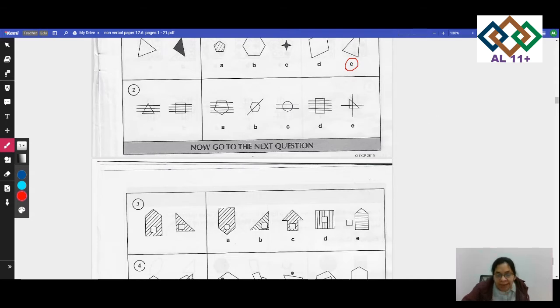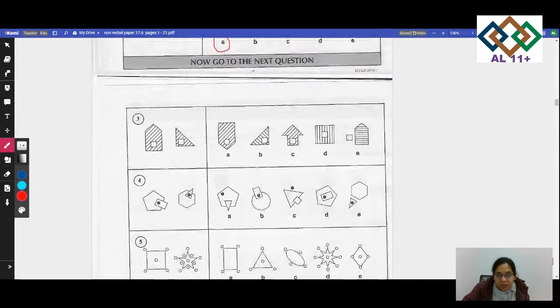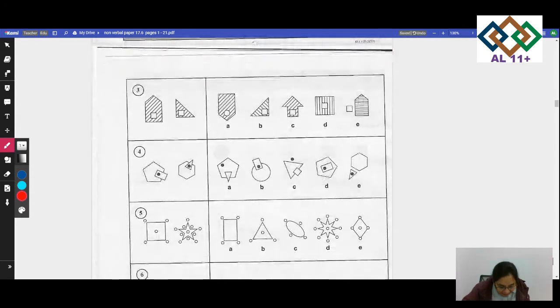For number 2, it will be A. So let's go to number 3. In number 3, all the shapes must have a small triangle inside them. Can you see it? And the triangle should be white. For number 3, it'll be C.